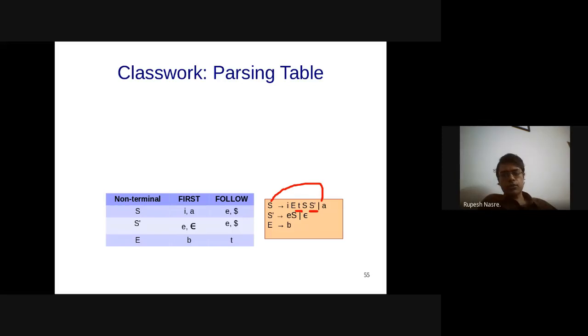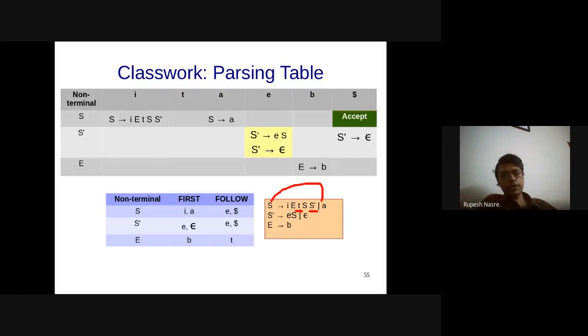All right, so the parsing table should look something like this. As some of you have pointed out, the S prime E entry should have two productions listed in it. The S I entry has to have something starting from small i, and the S A entry has to have S deriving a, right? These are the two productions.